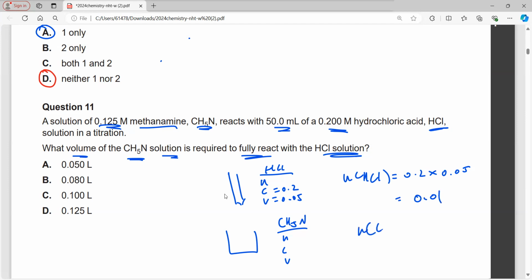Then the moles of CH5N are going to be exactly the same, so 0.01. And it's just asking for the volume, which is n over c. So 0.01 over 0.125, and hopefully that gives us a nice answer of 0.08 liters.